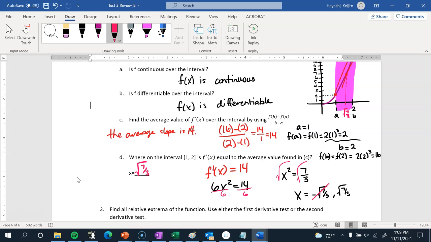And on the other side, you put literally what f prime of x is, the equation for f prime of x, so that you can solve for where the instantaneous slope matches the average slope. The instantaneous slope being the derivative, and the average slope being whatever number comes out of it.